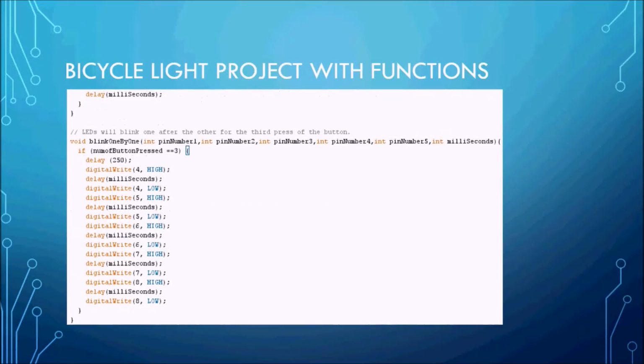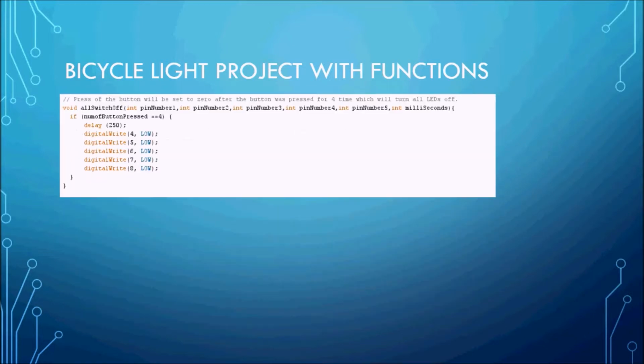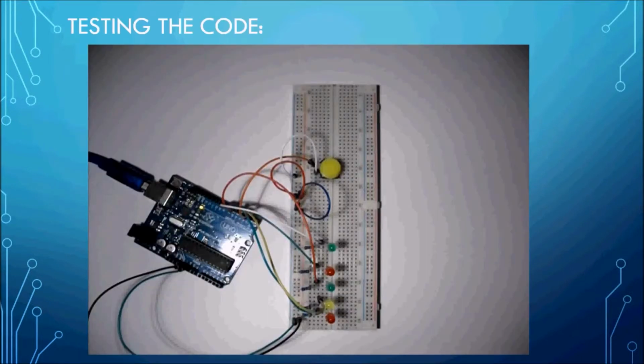The third press of the button will blink the LED, but this time each LED will be blinked one after the other. And the fourth press of the button will turn off all LEDs and the button will be reset to 0, which means the loop will start again. Now we will test this code in a video.